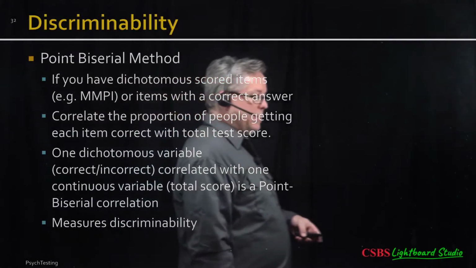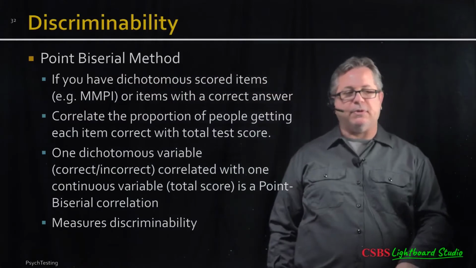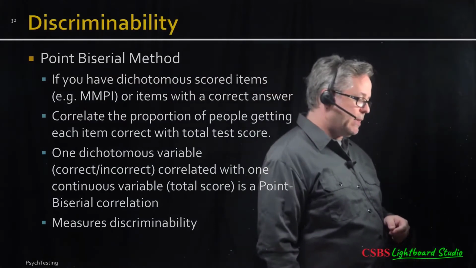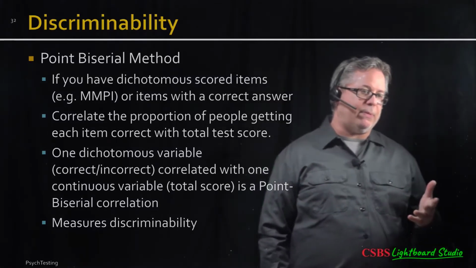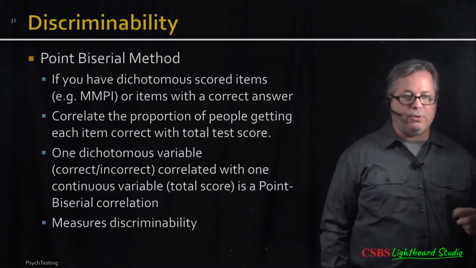The issue here often is that we're talking about dichotomous items, like items that are scored either correct or incorrect, or yes, no, or like the MMPI items where you either agree or don't agree.